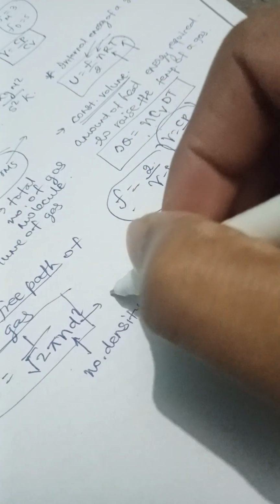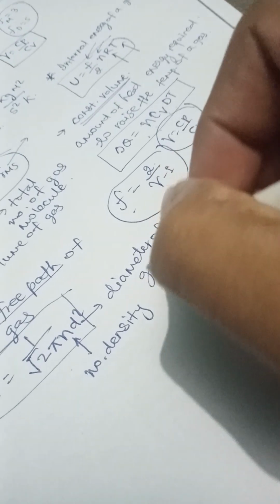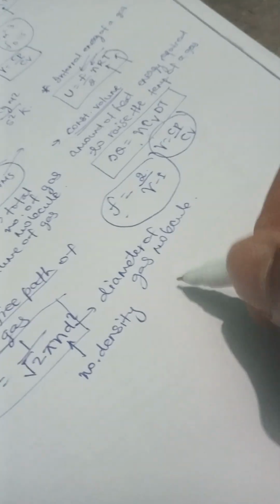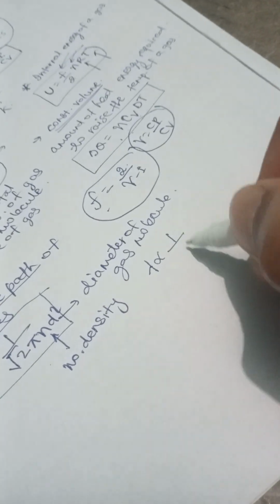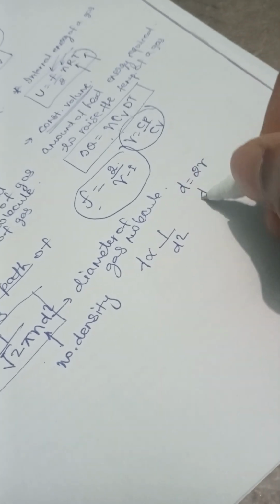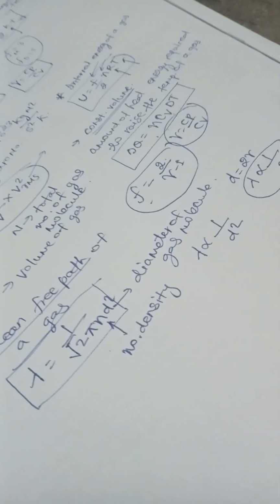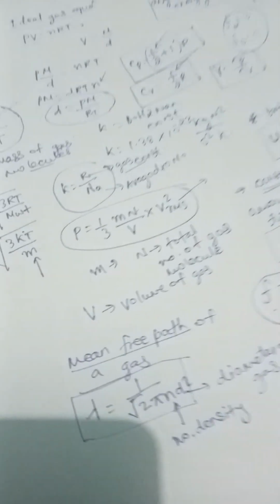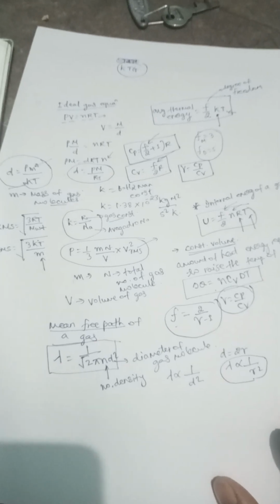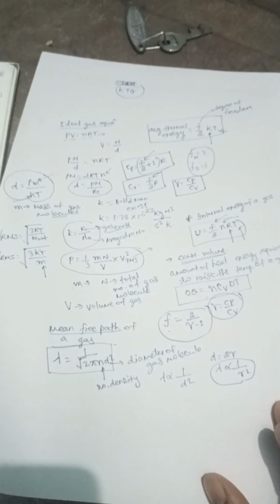And what is d? d is the diameter of the gas molecule. So lambda is inversely proportional to d square, and diameter can be written as 2r. So lambda will be inversely proportional to r square. Very important.